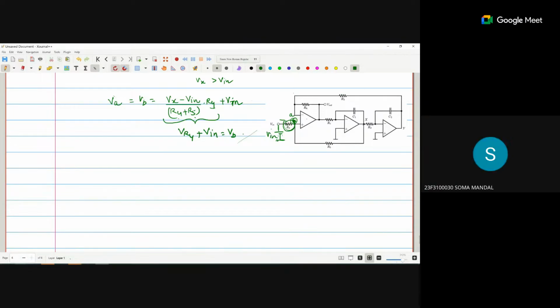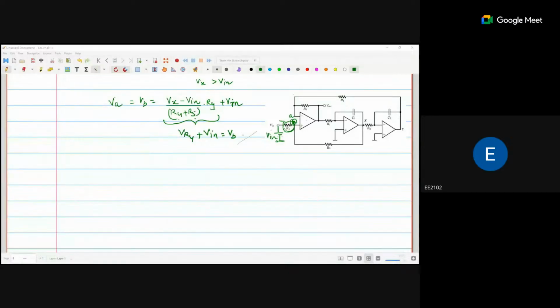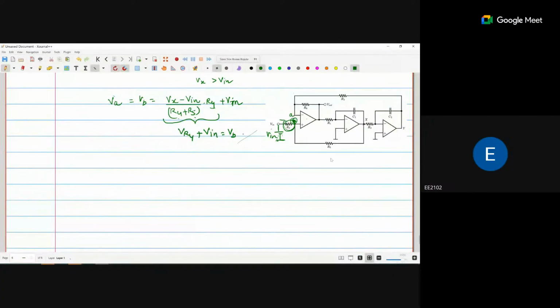So can you apply that? If you see the inside circuit, the op-amp 2 and op-amp 3 are only the inverting integrator. This point is the Vout. So Vx by Vout is what? If this point is the Vout, so this point is also Vout.